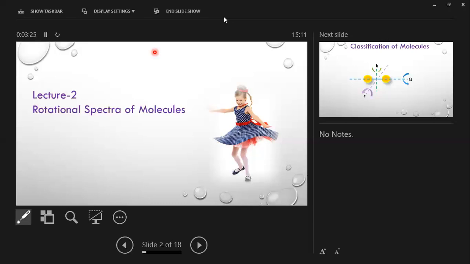In today's lecture, we shall mostly focus on the rotational spectrum of the molecules, that means the energy levels owing to the rotational motion of the molecules themselves, right? So before going into that, let us look into the structure of molecules and their classifications.